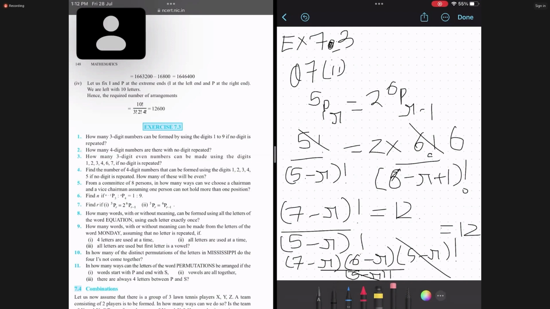I'm going to rub certain things and we're going to solve this equation, right?